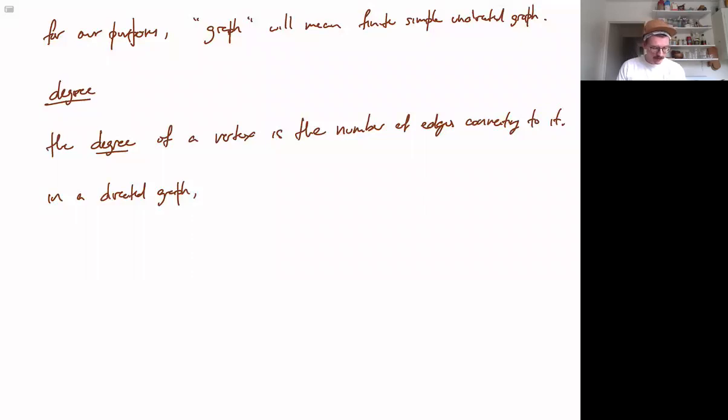So in a directed graph, each vertex has an in degree, which is the number of edges leading into that vertex, and an out degree, which is the number of edges leading out of that vertex.